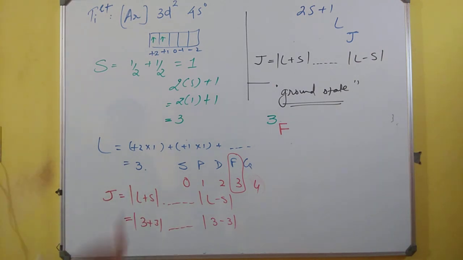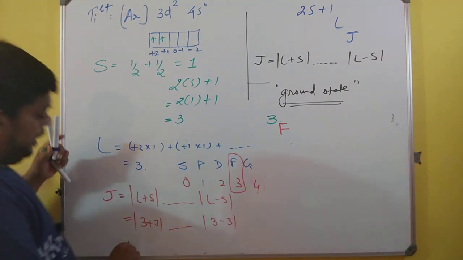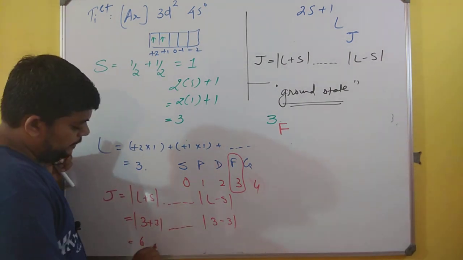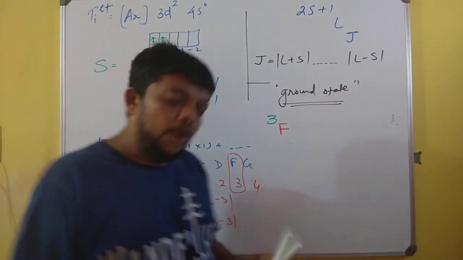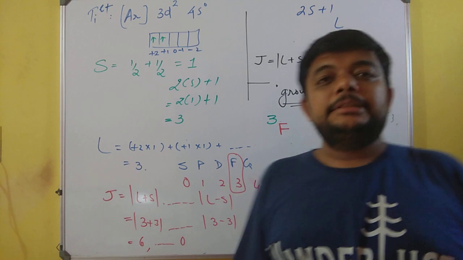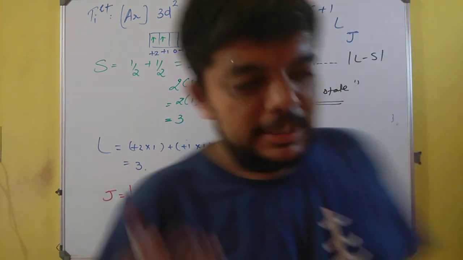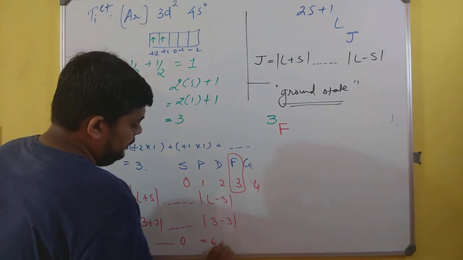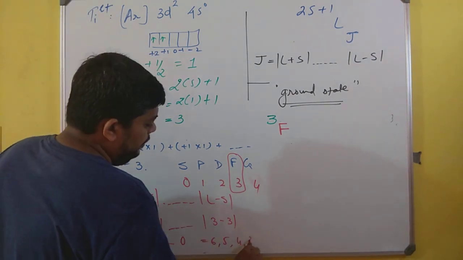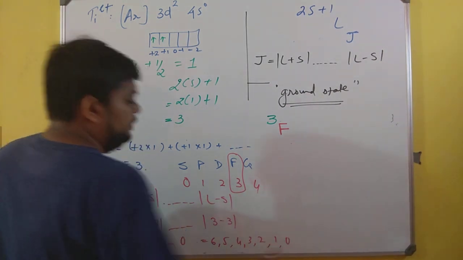Remember very well, this was the reason why I took this odd example over here. I will end up with 6, 0. It means I have to take all possible integer values from 6 to 0, and that will help me write 6, 5, 4, 3, 2, 1 and 0.